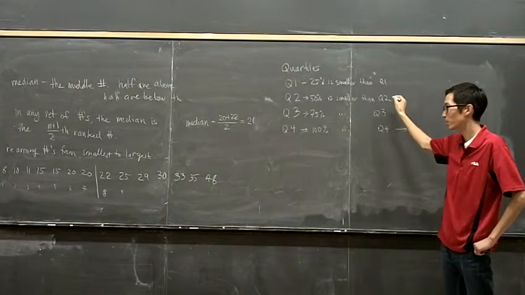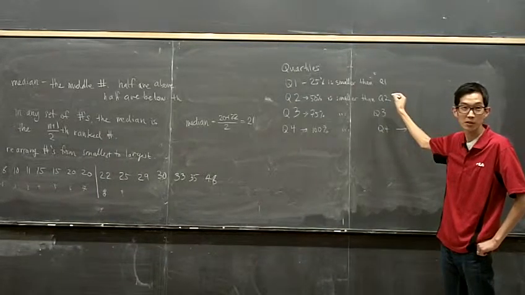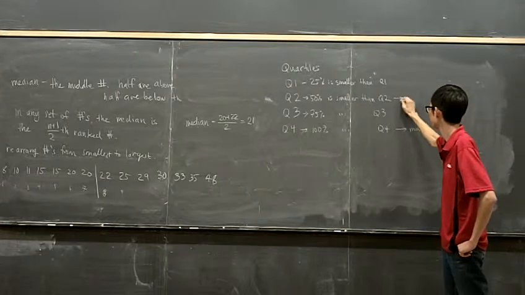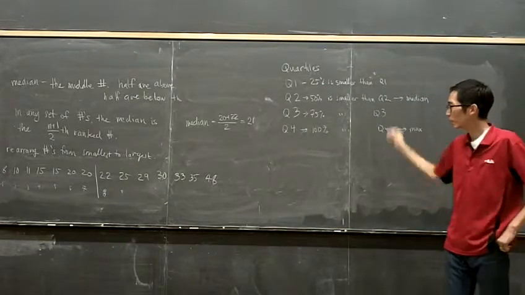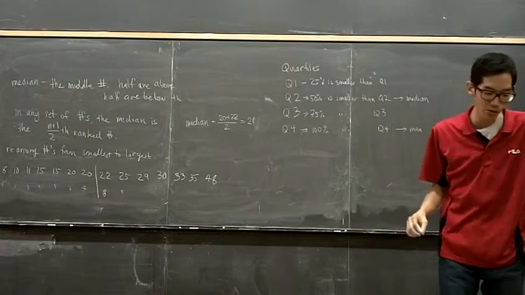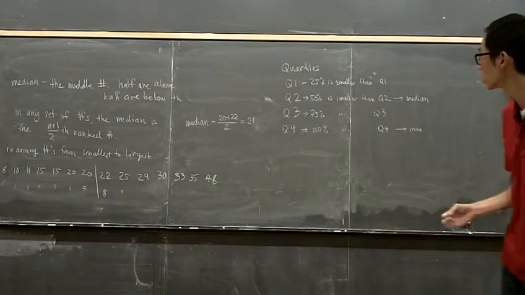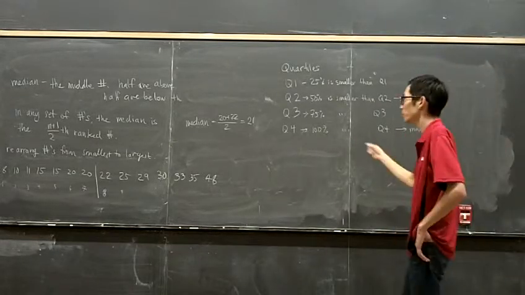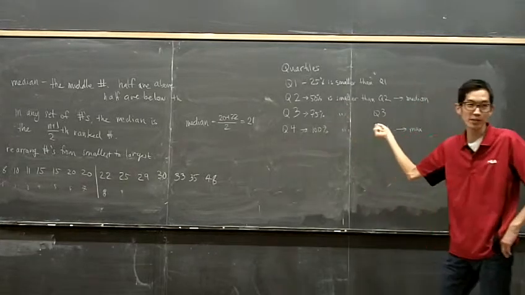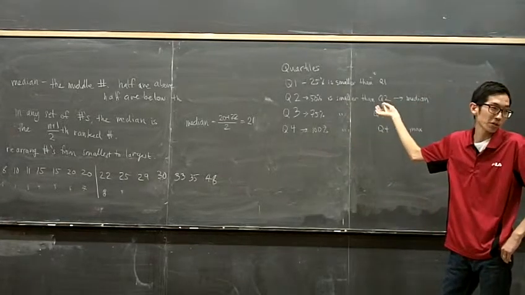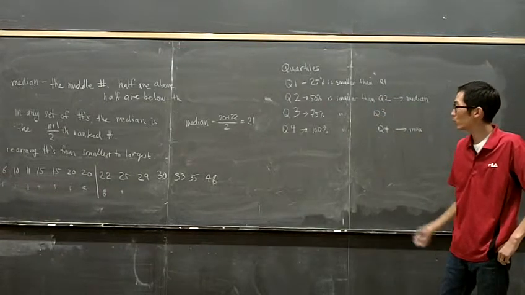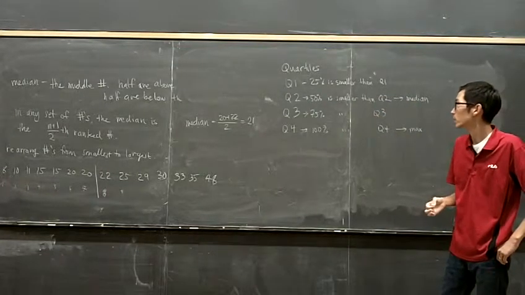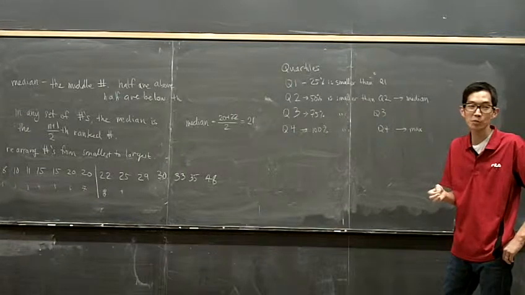And Q2, what's the other name for Q2? The median, right? Half of the numbers are smaller than the median, half of the numbers are smaller than Q2. So Q2 is the median, indeed. So we don't really talk about Q2 and Q4 very often in terms of quartiles. So we'll have Q1 and Q3. So how would I find Q1, to get the number where 25% are smaller than Q1?